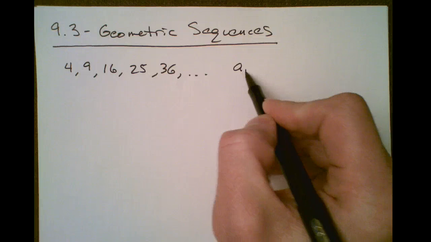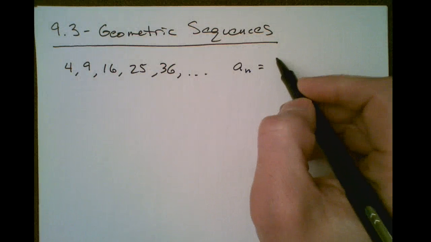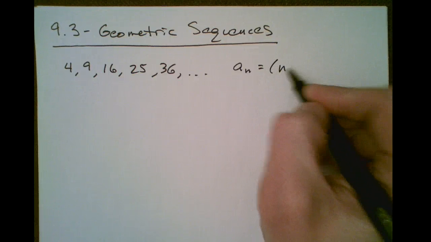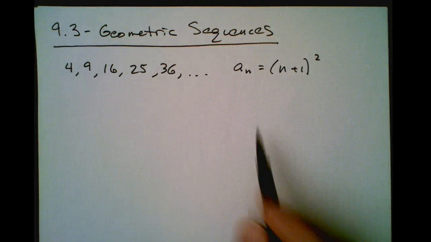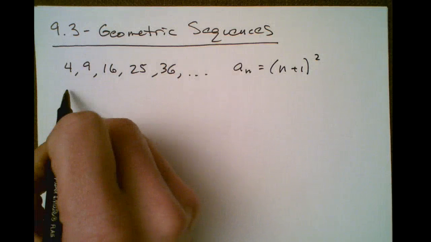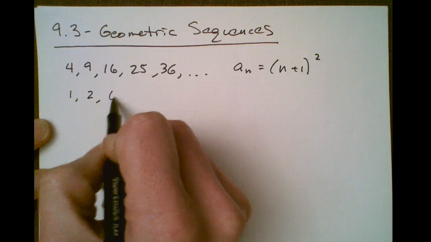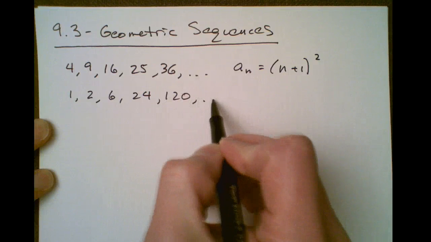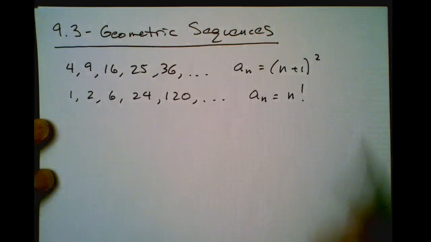So our formula for this, our a sub n, might be n plus 1 squared. And again, we didn't really give this a name, or we had 1, 2, 6, 24, 120. So if you remember, this one is simply the factorial sequence, so that was n factorial.